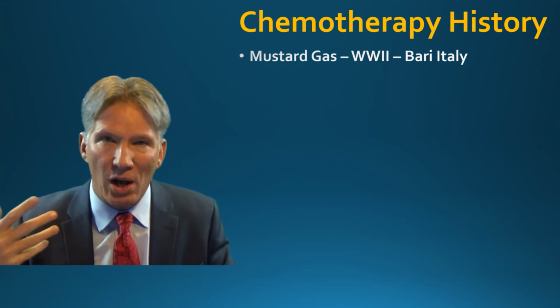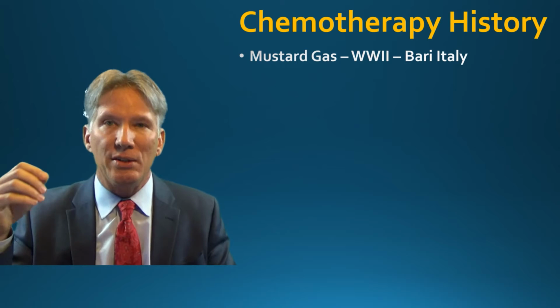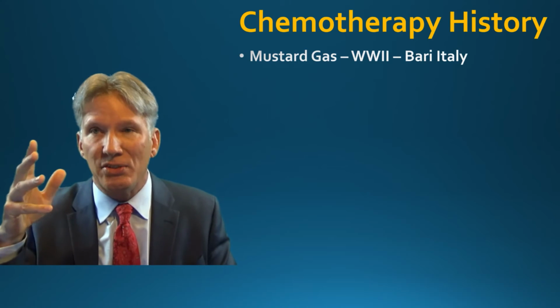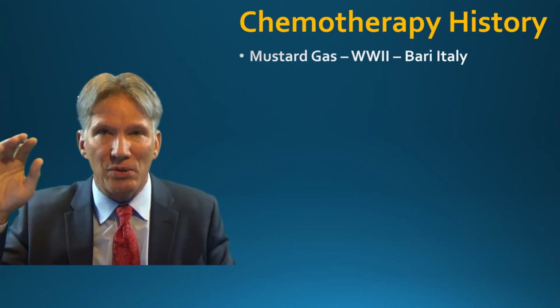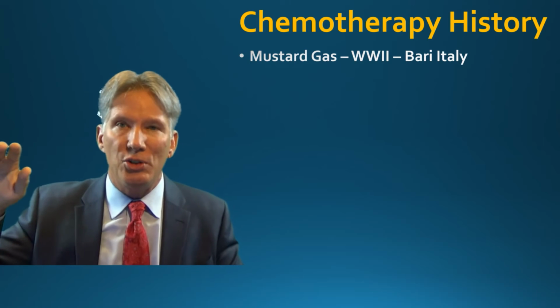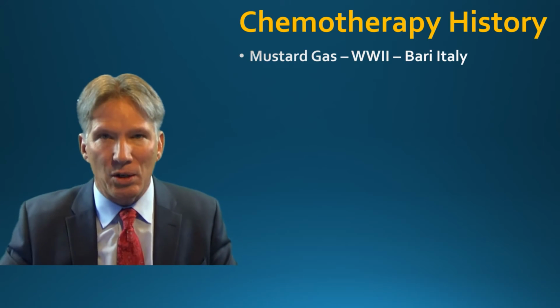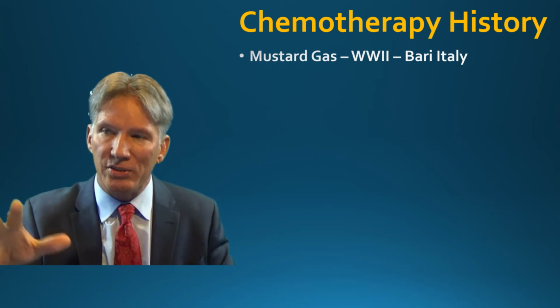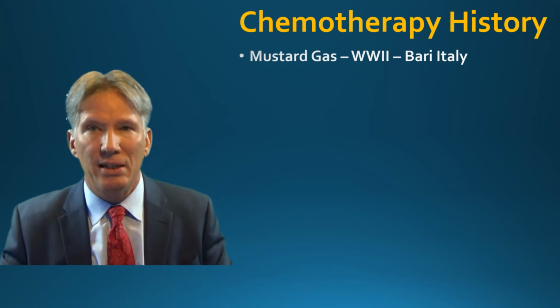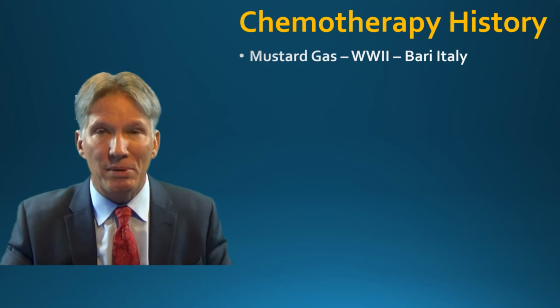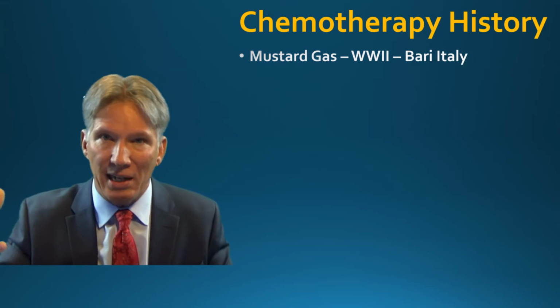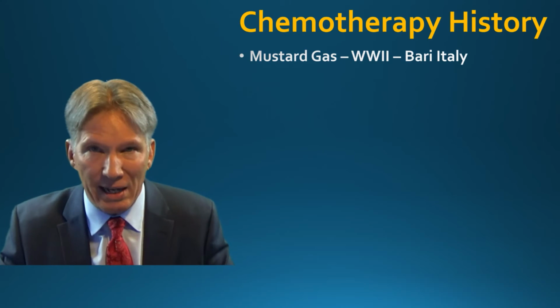So everybody was stockpiling it. And the Germans got a sense that this was happening with the U.S., and so they sent the Luftwaffe to a port in Italy called Bari, where there was a bunch of U.S. frigates. They bombed the crap out of them, and what they discovered was that the frigates were loaded with mustard gas.